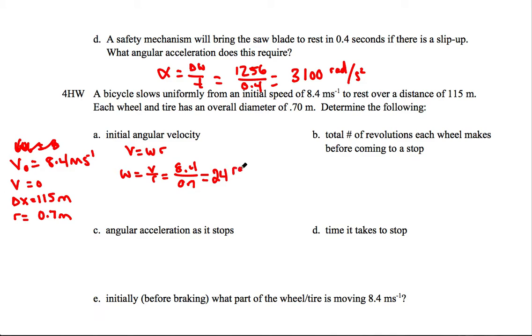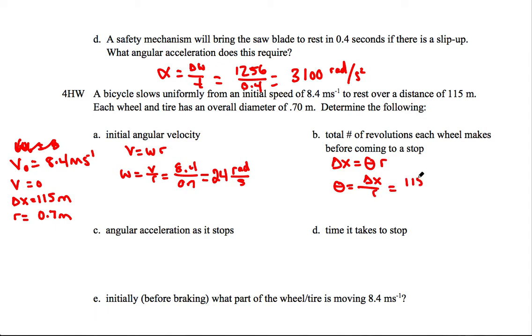and that gets me an initial angular velocity of 24 rad per second. Total number of revolutions each wheel makes before coming to a stop, well, I know it travels 115 meters, so that is my delta x. So delta x equals theta r, so theta equals delta x by r.